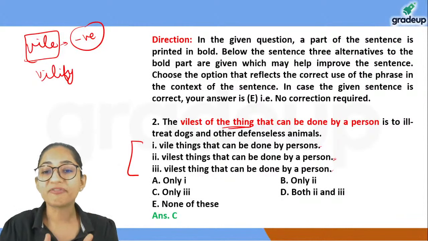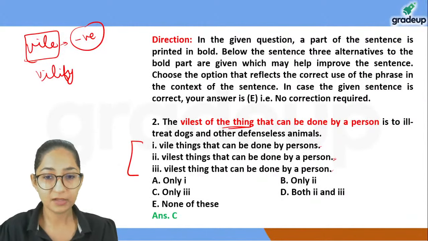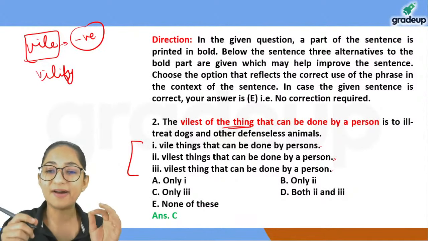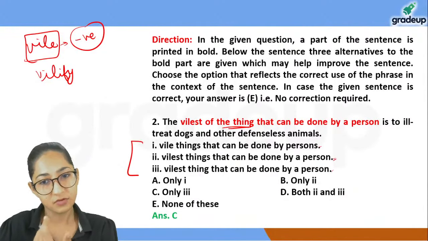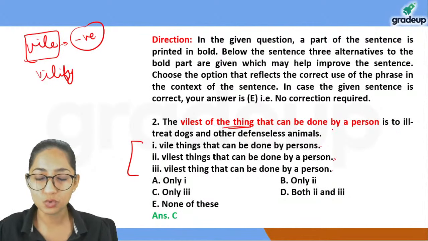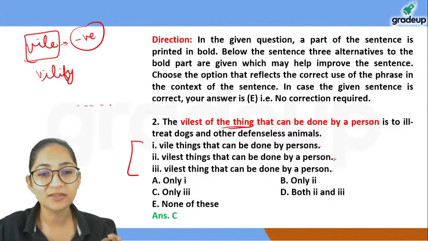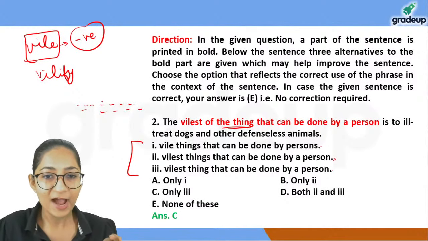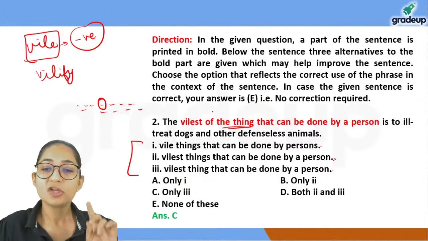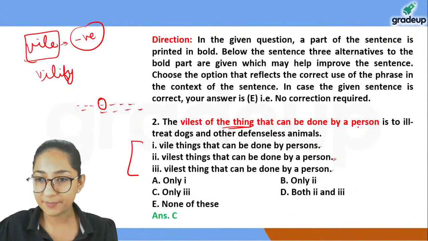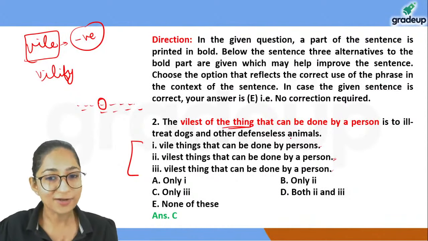Either I can say the vilest of the things that can be done by a person. So these are all the things that can be done by a person, and out of these, this is the vilest. The vilest of the things that can be done by a person is to ill-treat. That could have made sense.